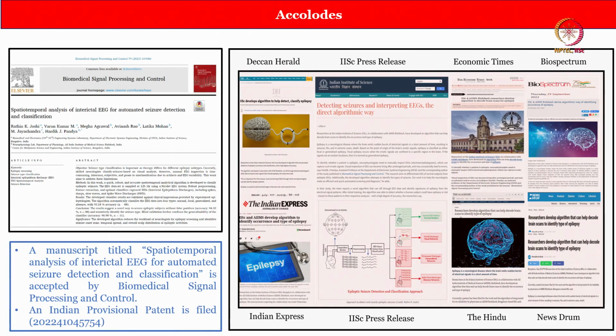Of course, this was in a press release and all these things, but the point is that if you have this kind of seizure classification algorithm, and you know how to measure the EEG data, then you can very easily aid the clinician to come up with a faster diagnosis, and also save time.